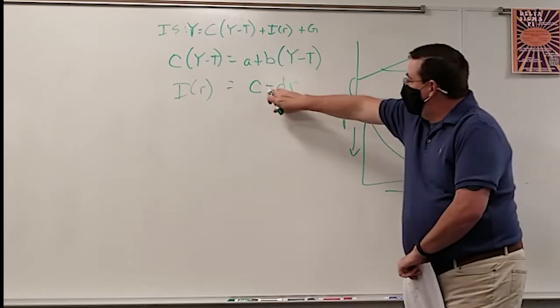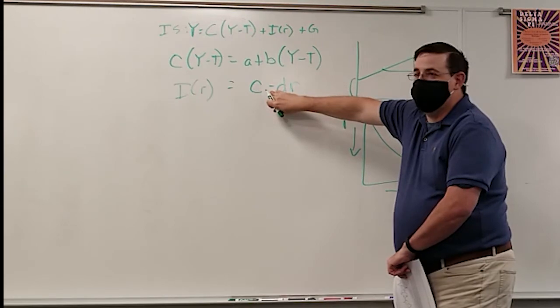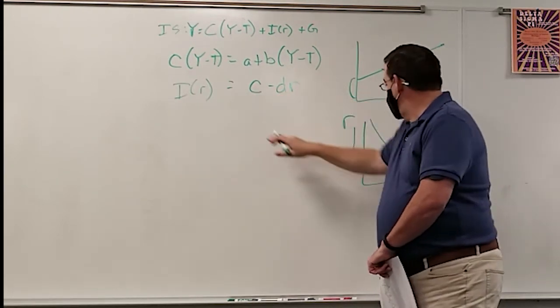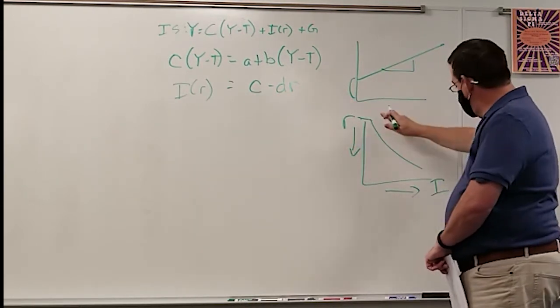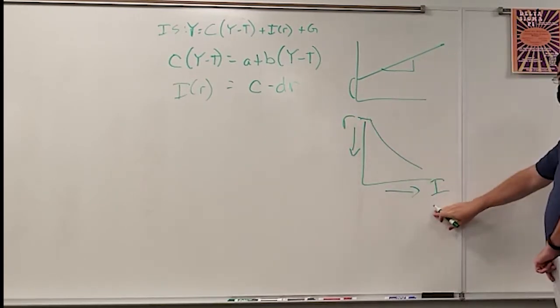That is evidenced by the negative sign in this algebraic expression. The c, again, would be the intercept of this relationship, and d would be the slope of this line.